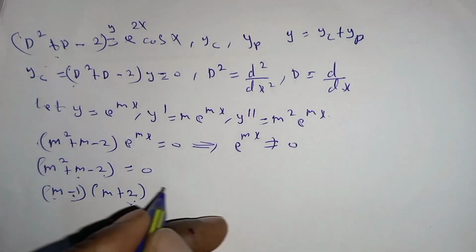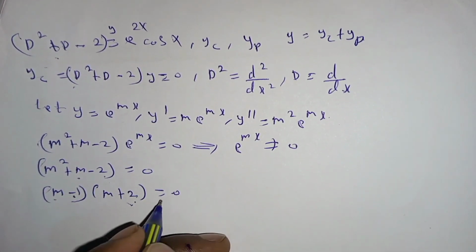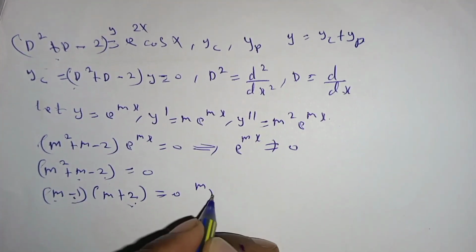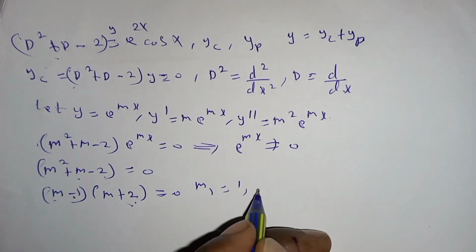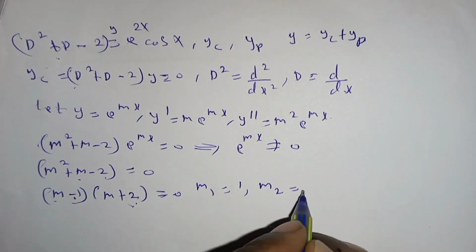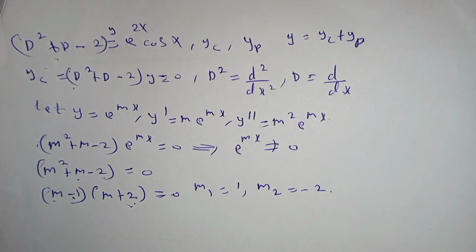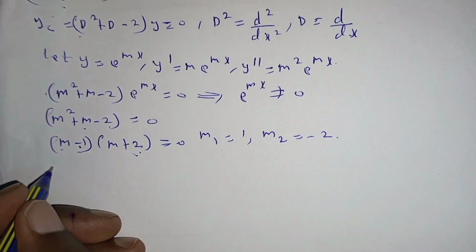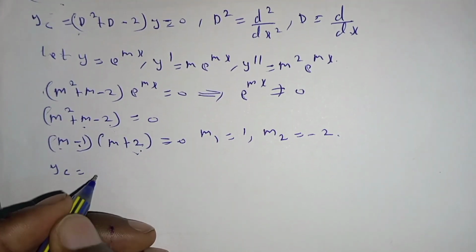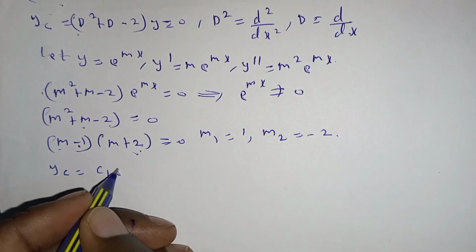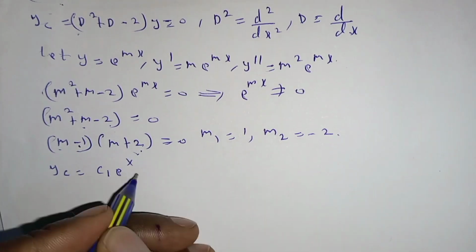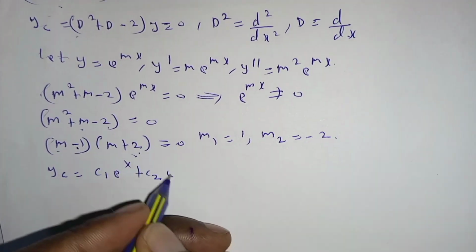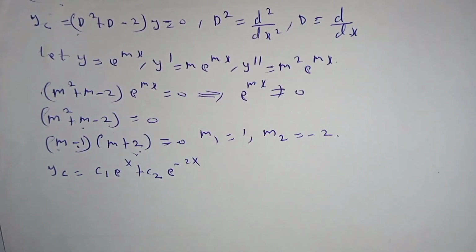So, which is equal to 0, meaning that our m1 is equal to 1 and our m2 is equal to negative 2. So we write our solution of our complementary part. Yc is equal to c1 exponential x plus c2 exponential negative 2x.